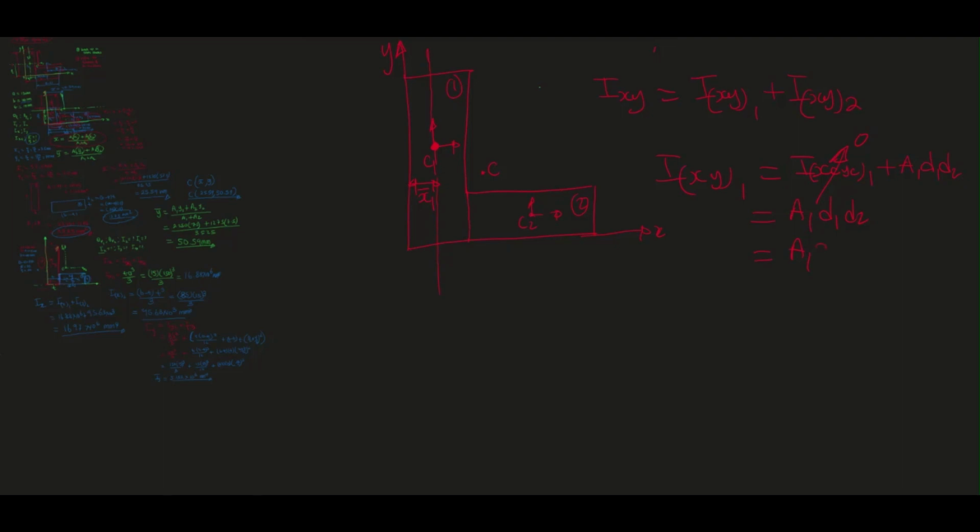So d1 is x bar 1 and d2 is the position of the centroid from the x-axis, so that is y bar 1. Alright.